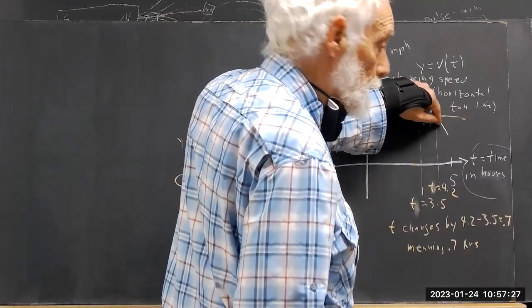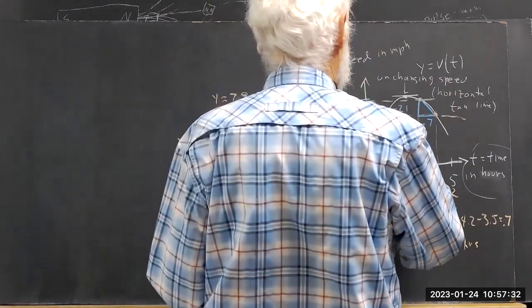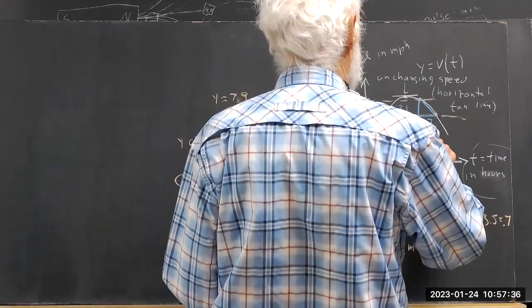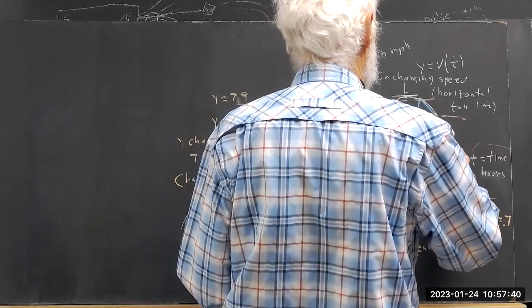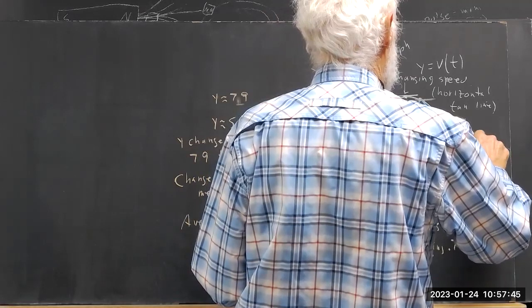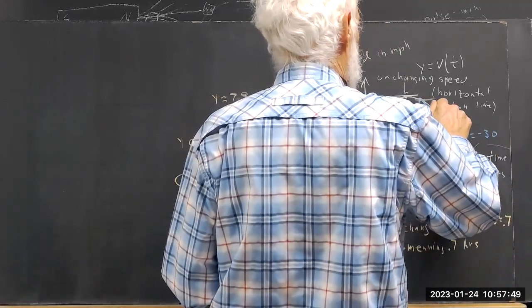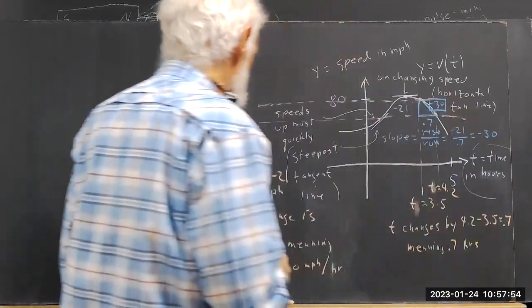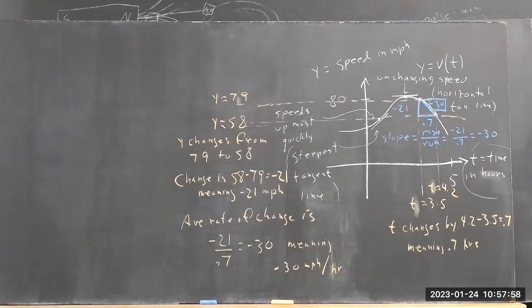The rise is -21, 0.7 is the run. And I put the -30 here. Put a box around it.